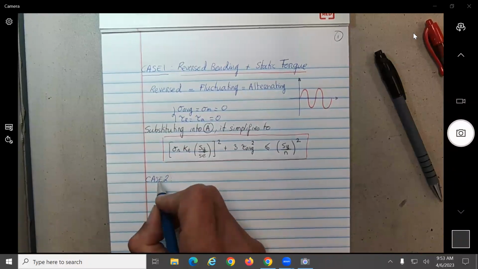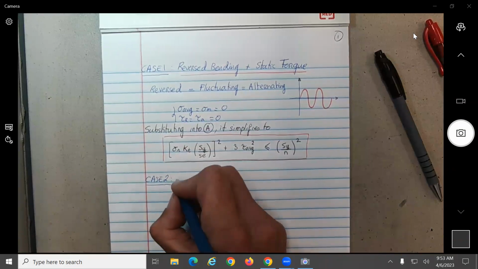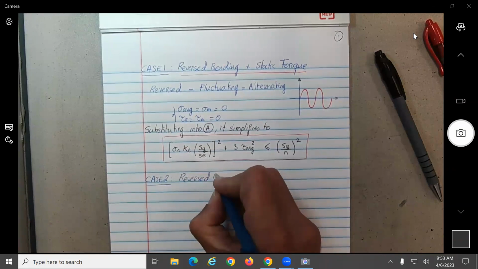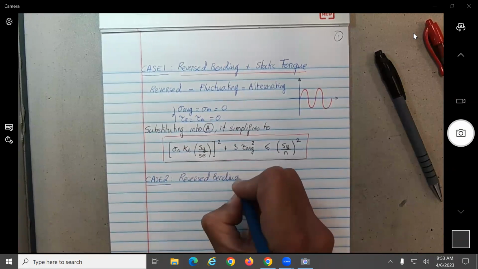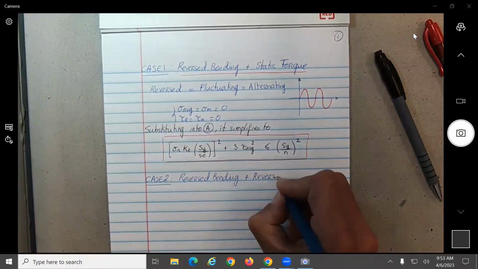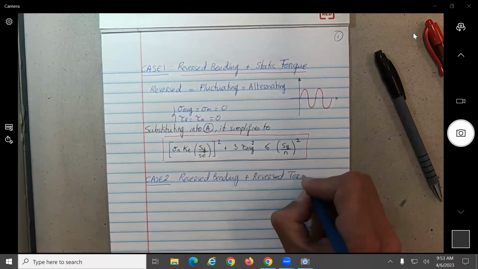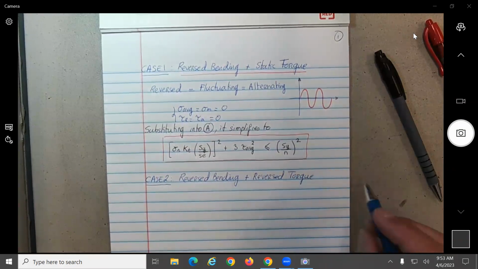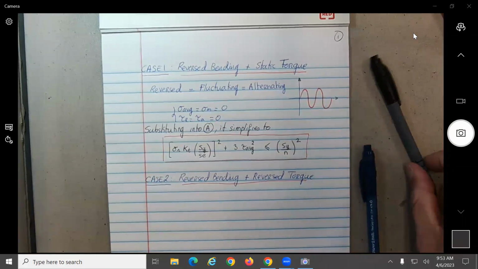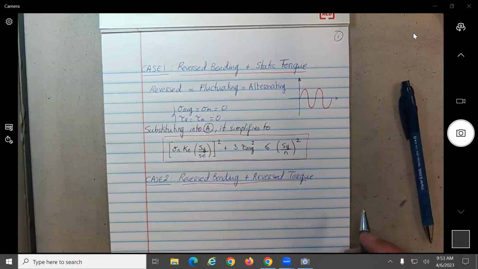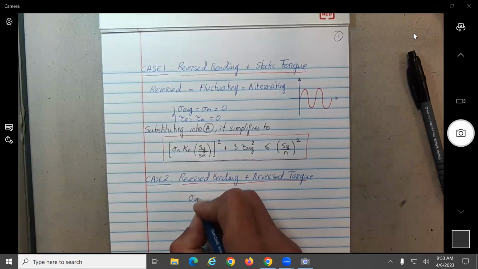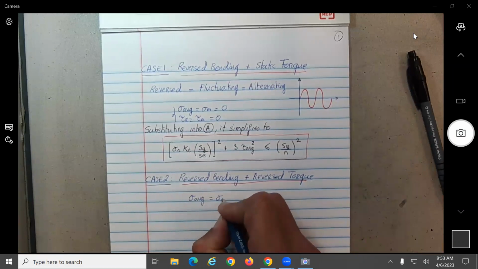the most general but not as widely used, which is reverse bending plus reverse torque. So in that case, again, we assume this one will be equal to 0.